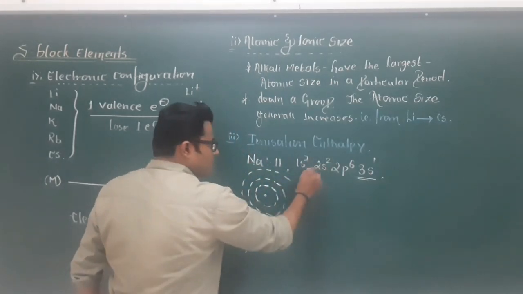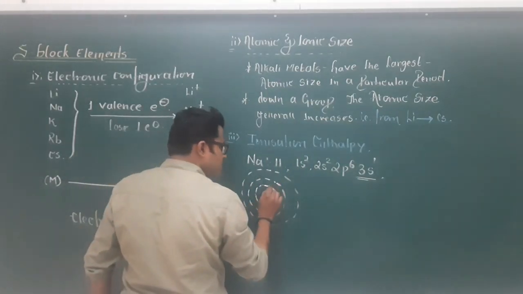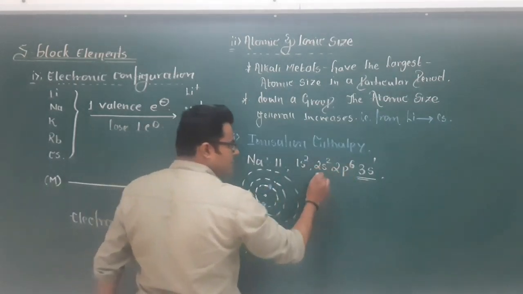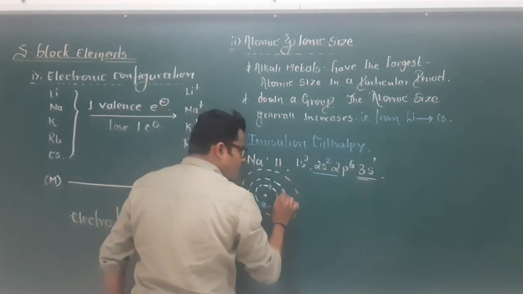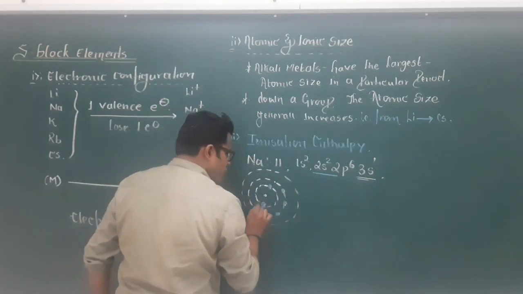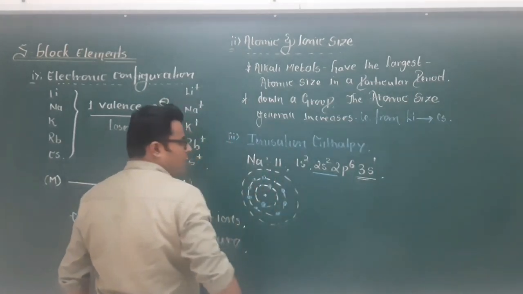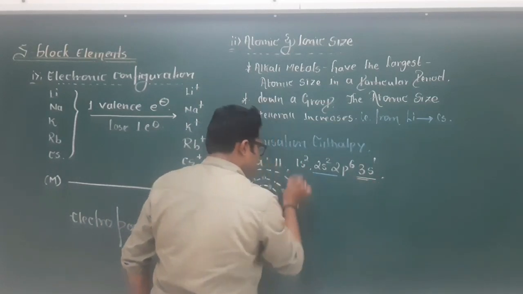Two electrons in the first shell, 1, 2. In the second shell we have 8 electrons: 1, 2, 3, 4, 5, 6, 7, and 8. So the total so far is 10, and of course the last one is 3s1.